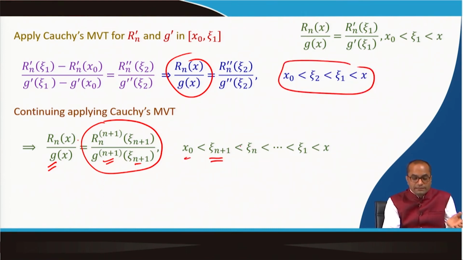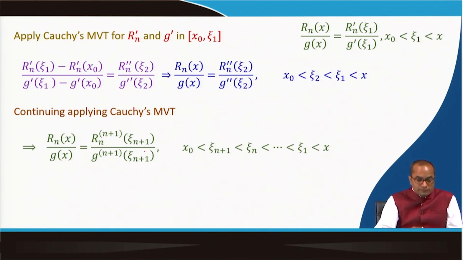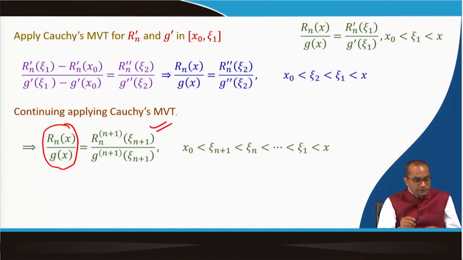Like the interval x naught to xi 1 we have considered, in the next stage our interval will be x naught to xi 2, and so on. Finally, continuing this Cauchy mean value theorem, we will achieve that this ratio Rn(x) over g(x) is equal to this one here.